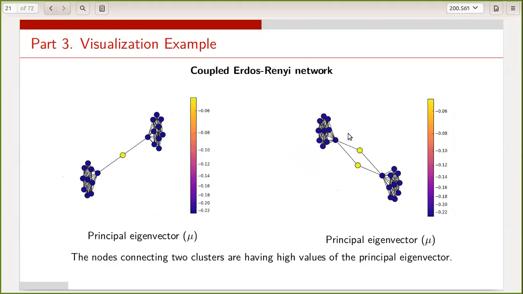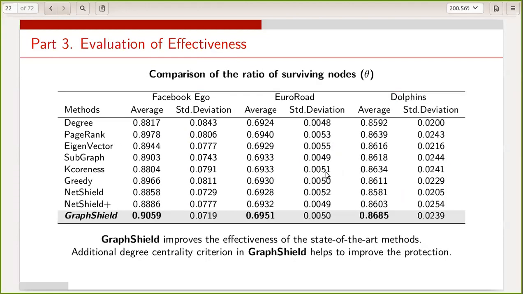And we can see that in the coupled Erdős–Rényi network, in the principal eigenvector, if we have Erdős–Rényi networks with the same number of nodes, we can easily find the nodes connecting the two clusters having high values of the principal eigenvector. So we should combine both of them, but this one is very practical, right?